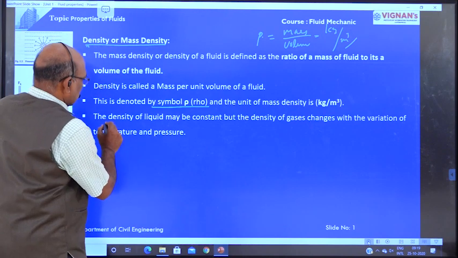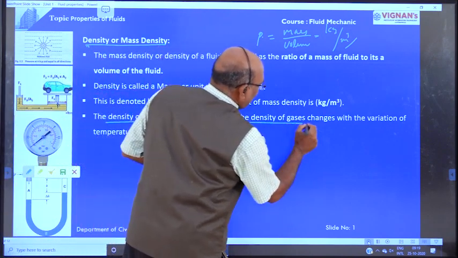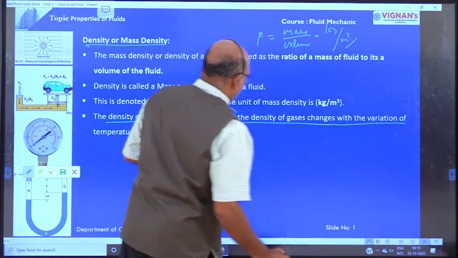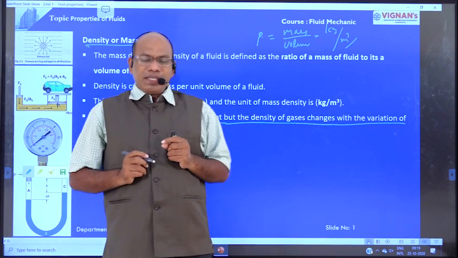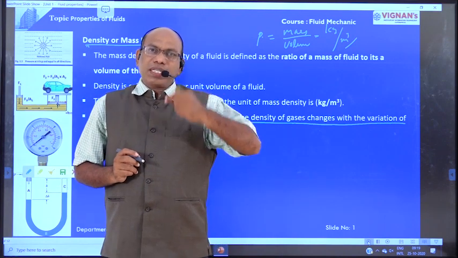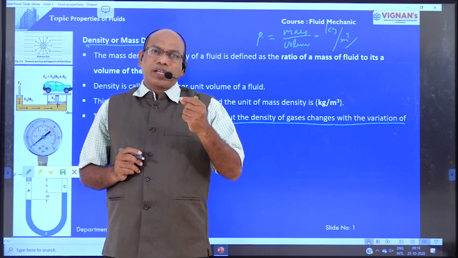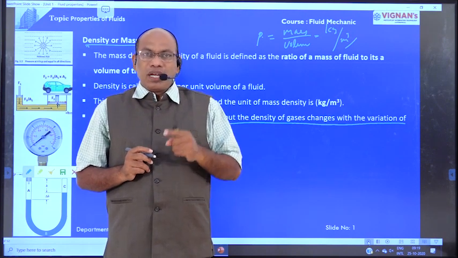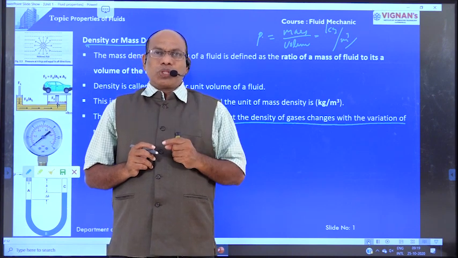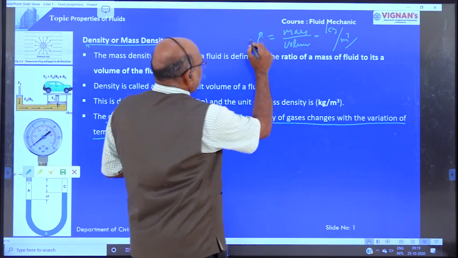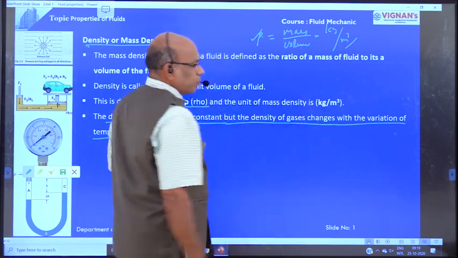The density of a liquid may be constant, but the density of gases changes with the variation of temperature and pressure. Here, density or mass density equals mass by volume.